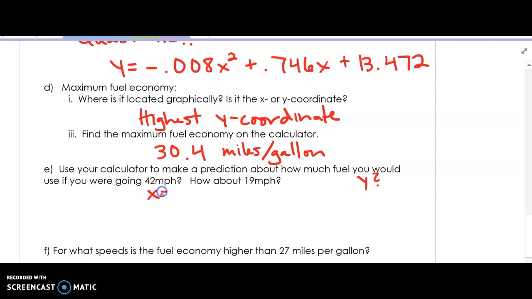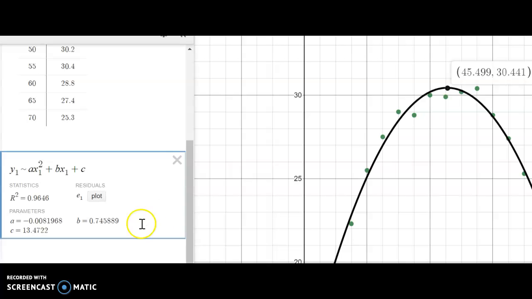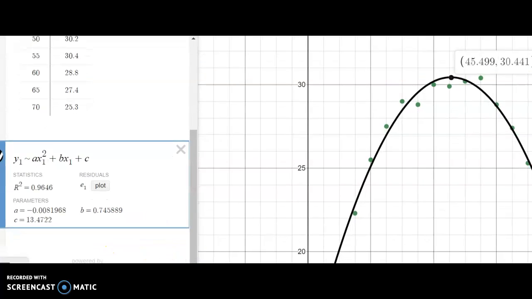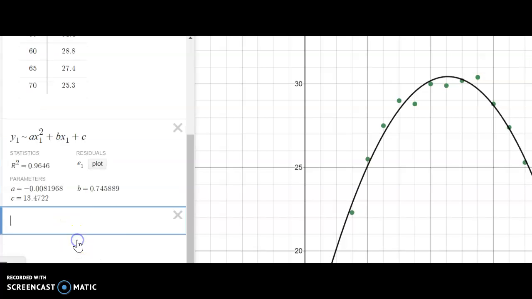That is representing X. All right, and remember, if we have an X and we're trying to find Y in our Desmos activity from the past couple days, we know that we can find like f of 42, and that'll give us whatever our Y value is. Now, in order to do that in our calculator, we need to make sure that we are representing our regression equation as an actual equation in Desmos.